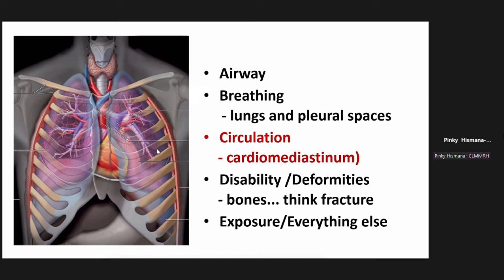Sige. Anyway, let's now proceed to circulation and cardiomediastinum. But prior to that, I missed discussing with you a very important principle of radiology when we talk about densities. This is what we call the silhouette sign. Basically, if you notice, this one is actually the heart.